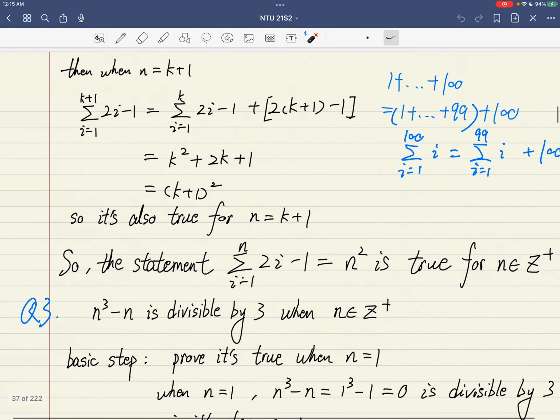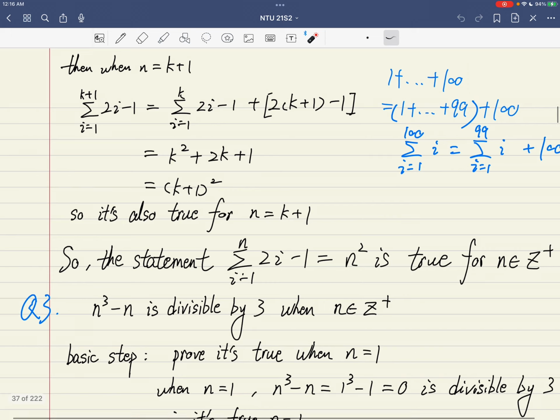Then when n is equal to k plus 1, now the sum is for i from 1 to k plus 1 of 2i minus 1. As you can see, it has two parts.